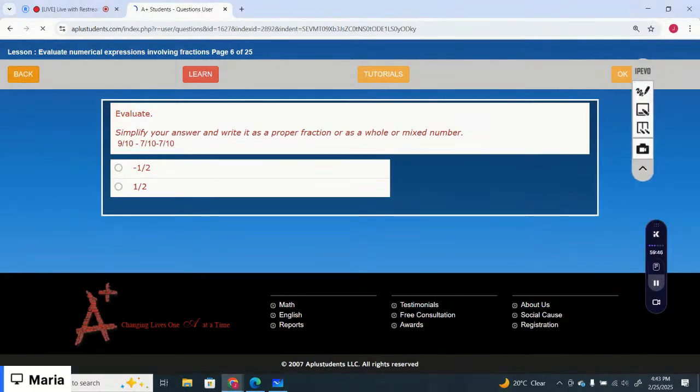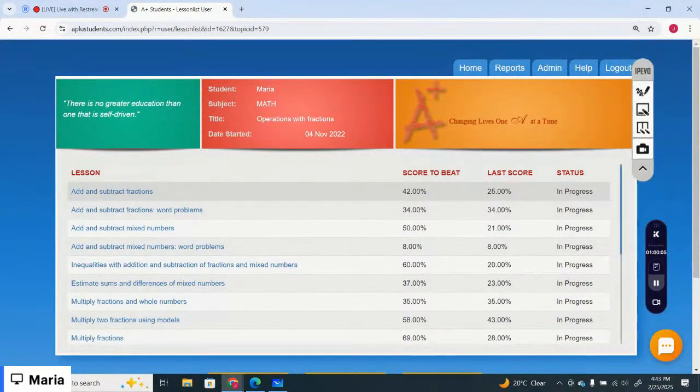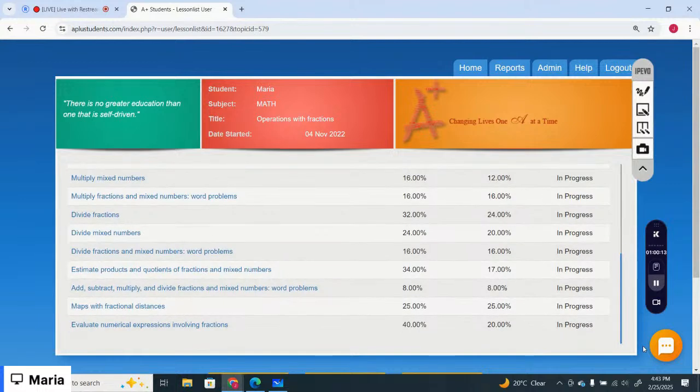Okay, you can complete the lesson by yourself later today. So we were working on grade 7 math. The chapter we were working on is operations with fractions, and the lessons we have covered today are estimate products and quotients of fractions and mixed numbers, maps with fractional distances, and evaluate numerical expressions involving fractions.